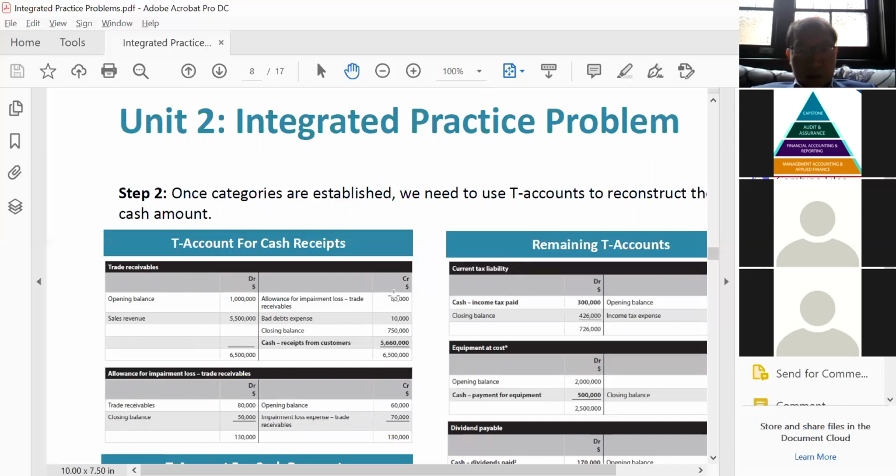Okay, we are also told that bad debts expense is 10,000. And so it's a matter of balancing each of the sides. Okay, so therefore the missing number or the plug, okay, is 5,660,000.